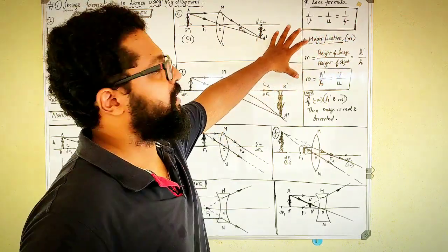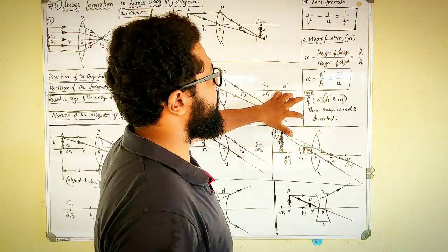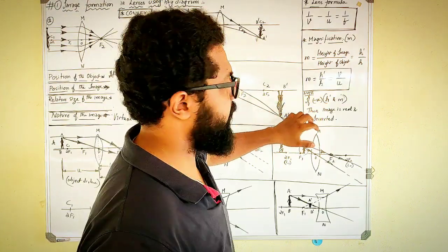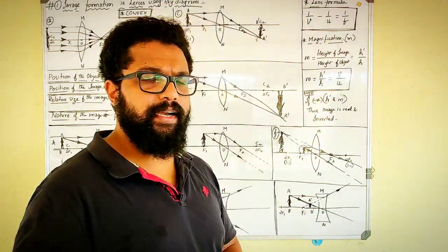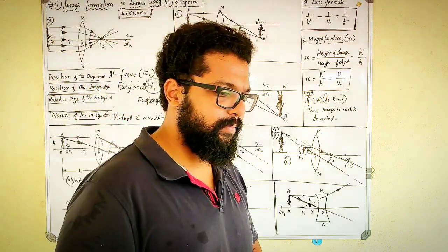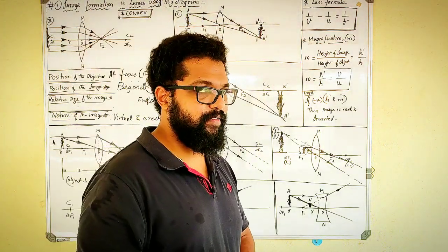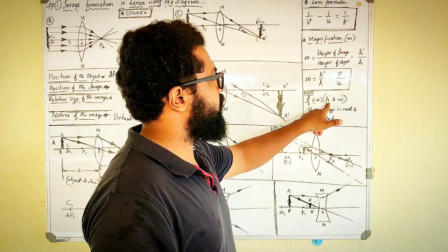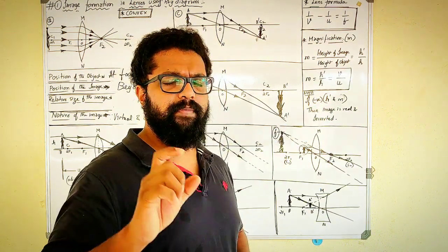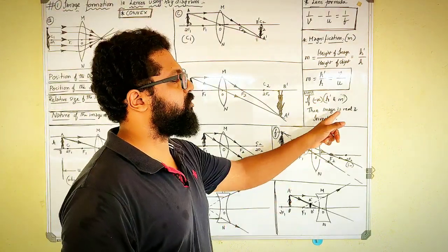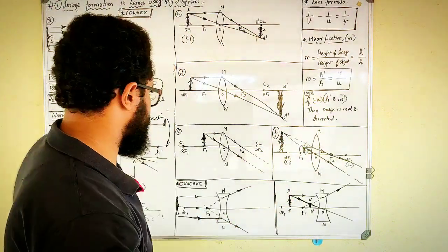These are the formulas which will be helpful for you to solve the numericals. Then next, one small note you need to remember. If the magnification is negative, or the image height is minus or negative, then the image is real and inverted. Agree or not? Check.